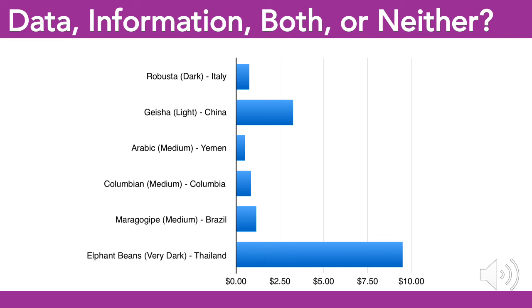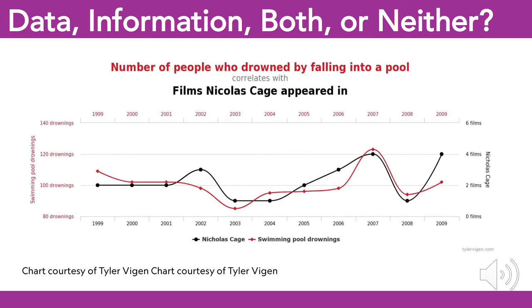What about this? Is this information or data? And finally, for this part, before we go into the last part, is this data, information, both, or neither? This is a graph showing the number of people who drowned by falling into a pool and its relationship to the number of films Nicolas Cage appeared in during a given year.